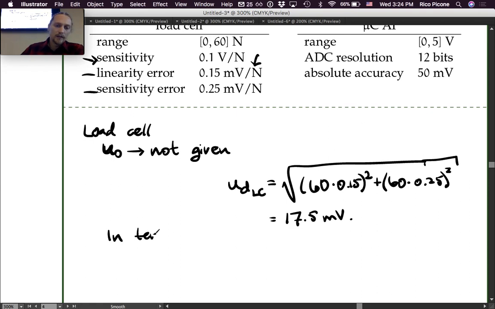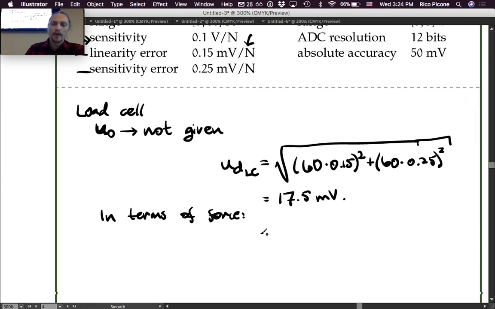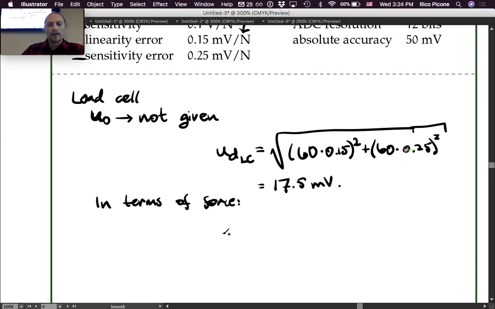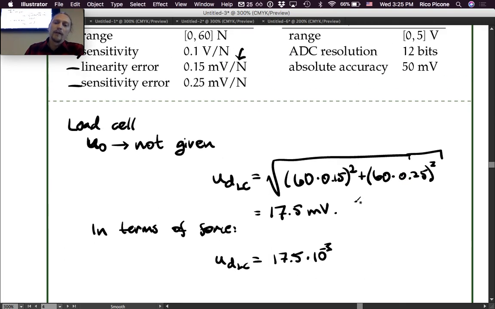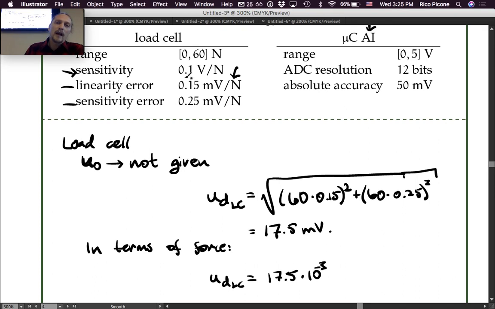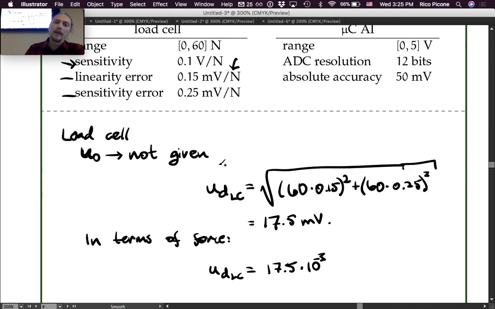So in terms of force, the design stage uncertainty for the load cell is equal to 17.5 millivolts, so times 10 to the minus 3 volts, times 0.1, well, no, not times.